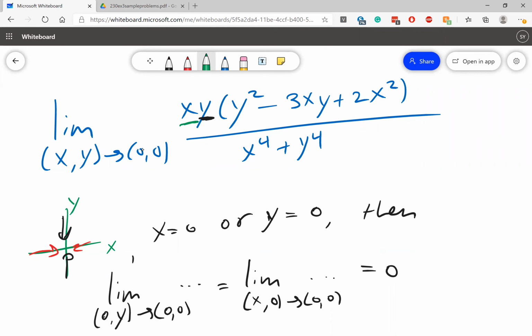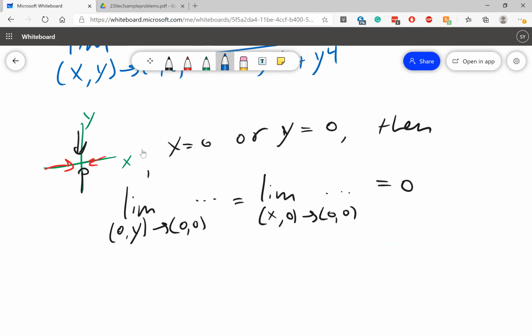Now what would happen if we approach along the line x is equal to y?